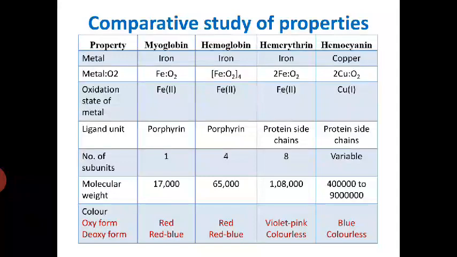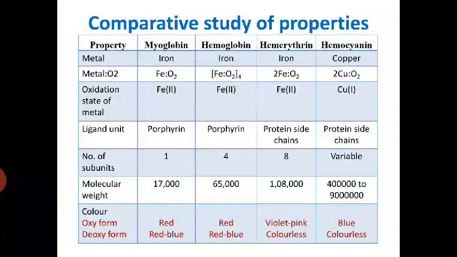Then coming to hemerythrin, one oxygen molecule requires 2 iron atoms to be bound. So the ratio can be written as 2Fe is to O2. In hemocyanin also, 2 copper atoms are required to bind one oxygen molecule. So that is about metal oxygen ratio.